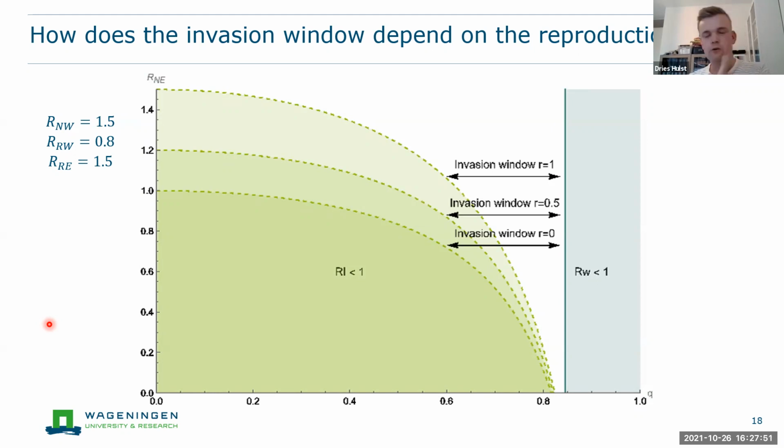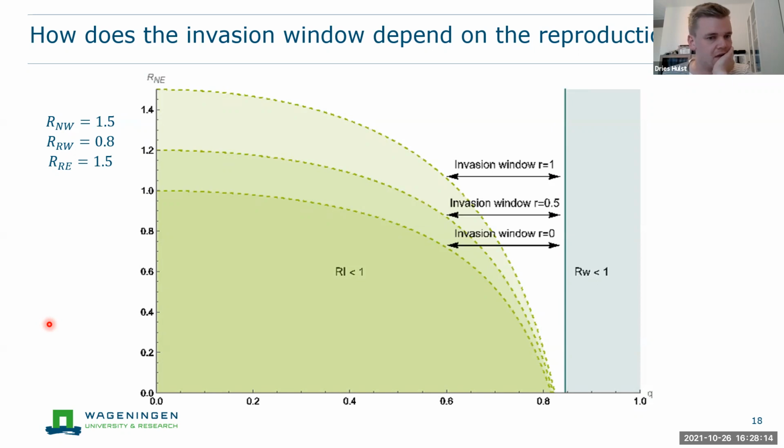And of course, because it's an escape mutant, it will have a higher reproduction ratio in resistant hosts than the wild type. But how much higher it is, well, in fact, you don't know when starting selection. But that makes it difficult to construct these invasion windows.